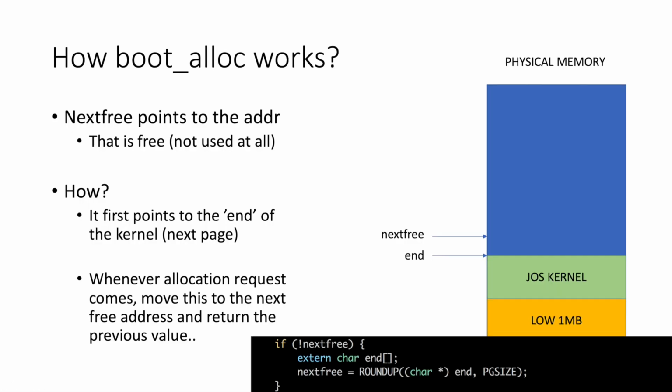Next, let's take a look at how we can implement boot_alloc. In the code, you can identify that there is a pointer variable nextfree. The variable points to the start of the unused physical memory so that JOS can allocate contiguous physical memory starting from that address.